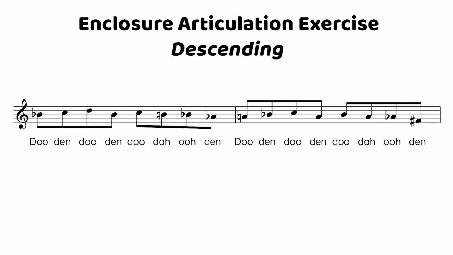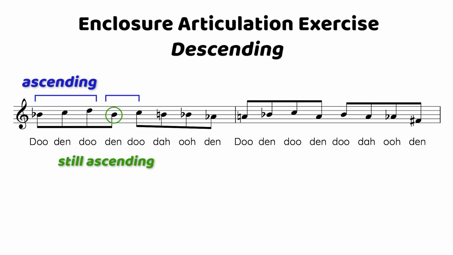So for the articulation of the descending pattern, we start ascending, so we start with our do, den, do, and then what happens in the next bit is that the next den on beat 2 and is ascending 1 note, so we are still making that a den, right? We're not making the previous note a da because we haven't truly changed direction just yet.